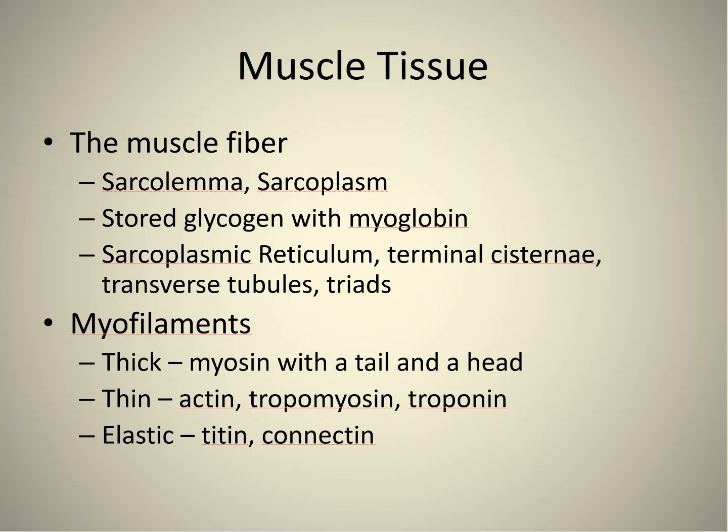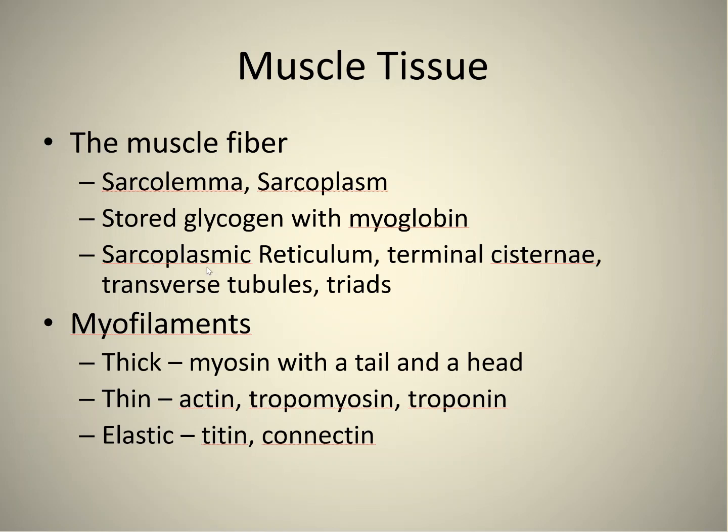So the muscle fiber, slide 9, the muscle cell, and the prefix for muscle is sarco. So sarcolemma is the cell membrane. Sarcoplasm is the cytoplasm inside the muscle cell. And there's glycogen stored in muscle cells, and there's something called myoglobin, which is similar to hemoglobin, but is essentially a little tiny oxygen tank inside muscle cells.